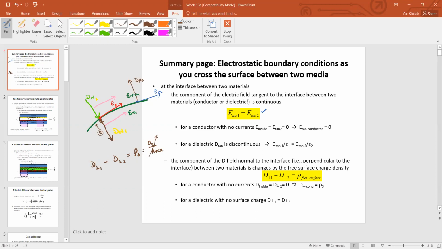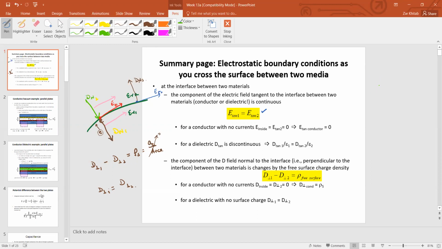If the charges are 0, there are no free charges, then D normal will also be continuous. Okay, nothing will happen to it. But remember, for all real mediums, there will be free charges, or ions, or charged particles. For example, take free space, not a material.